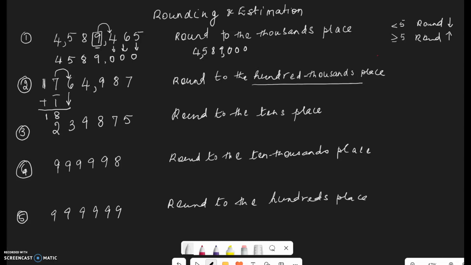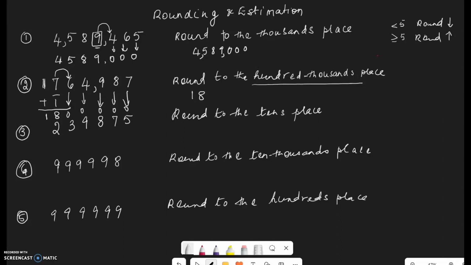And for every digit after the 100,000s place, in this case after the 7, just make it a 0. So our answer is 1, 8.